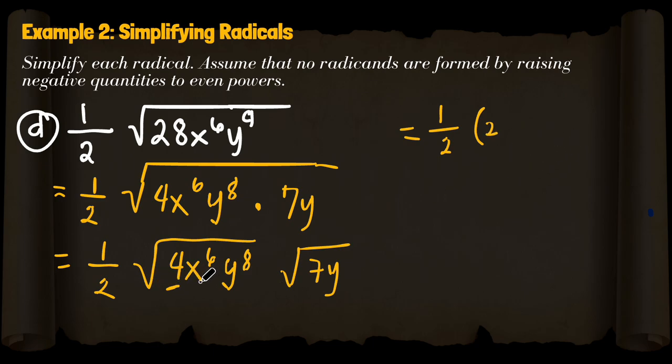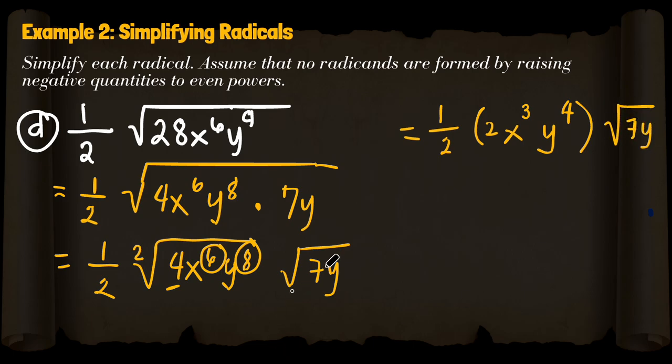Square root of x raised to 6, pwede natin i-divide si 6 kay 2. Now, 6 divided by 2, first copy the x. Okay, 6 divided by 2, that is 3. So, we have here another variable. We have y. 8 divided by 2, that is going to be 4. Okay? And then yung square root of 7y, we will write this one in this particular side, 7y.